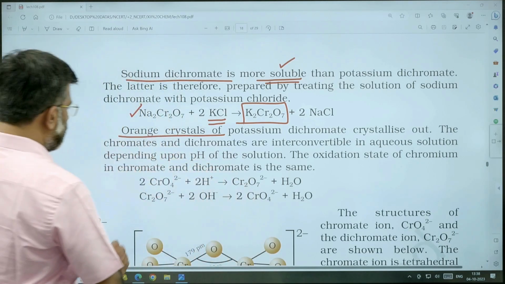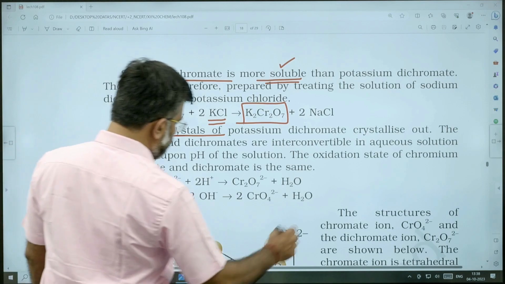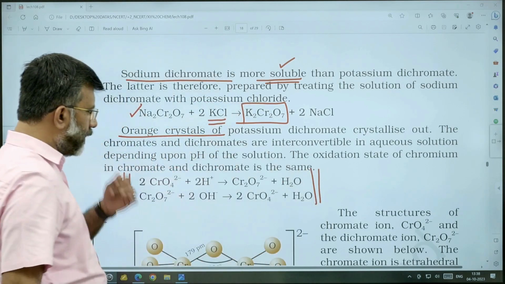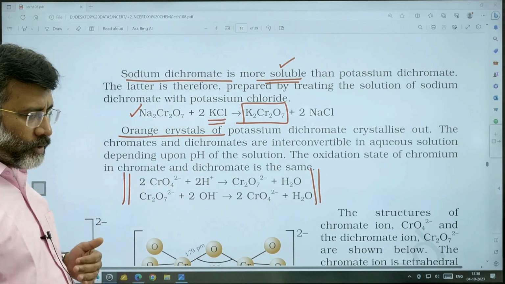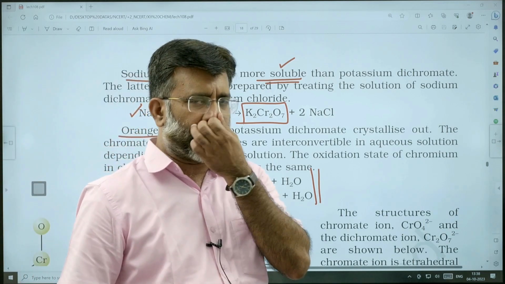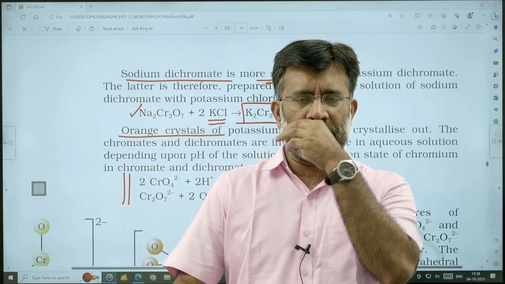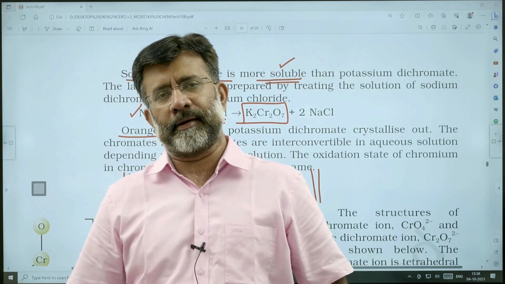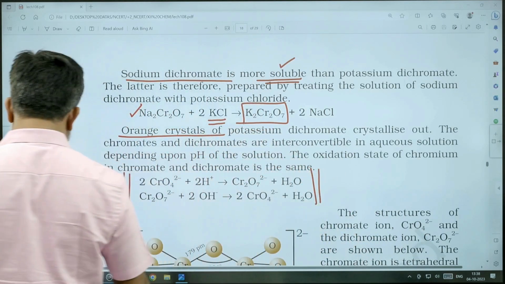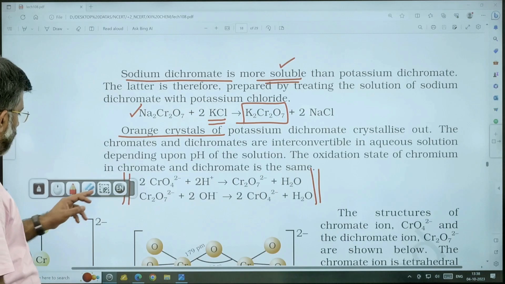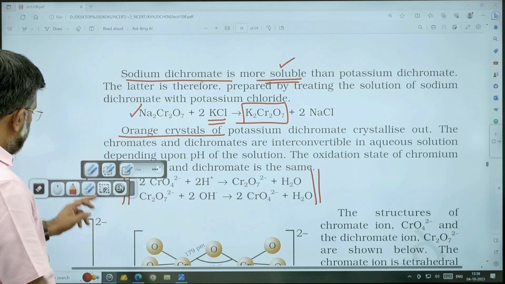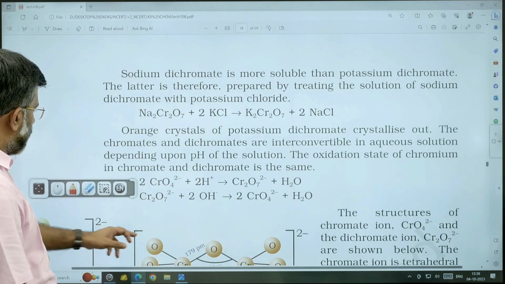Now, this is an important reaction which you must understand in equilibrium condition. The equilibrium existence of chromate and dichromate. Look at the nature of chromate and dichromate.